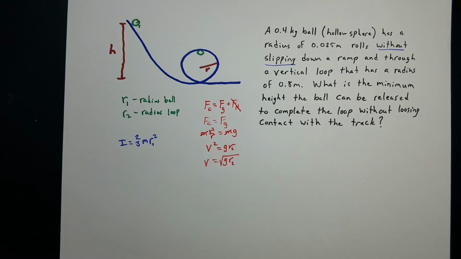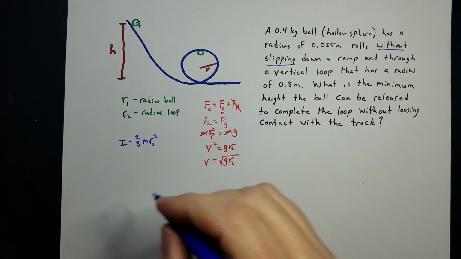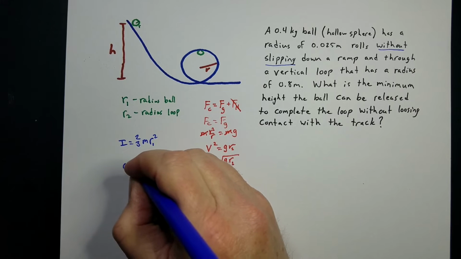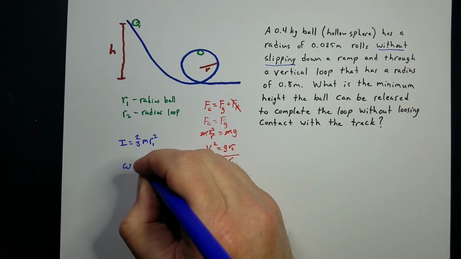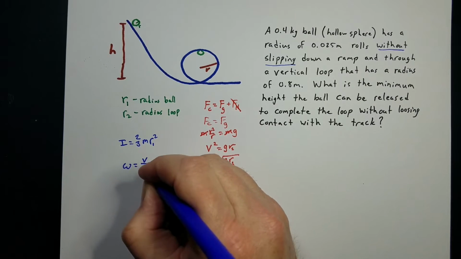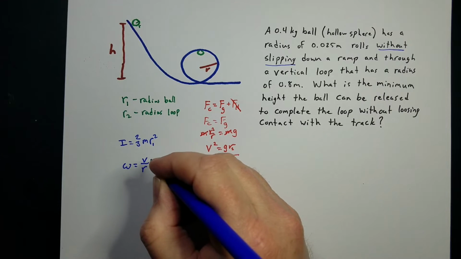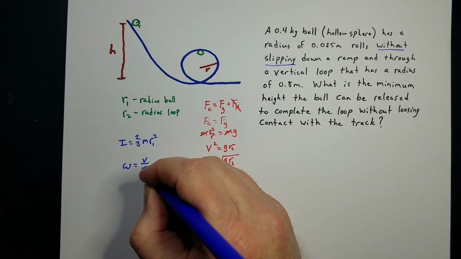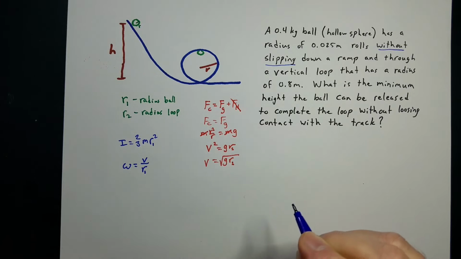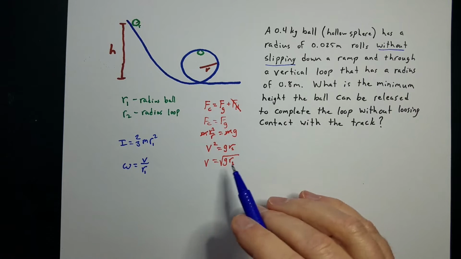One more thing: because it's not slipping, we know angular speed can be substituted with velocity divided by the radius of the ball, so that's R1.